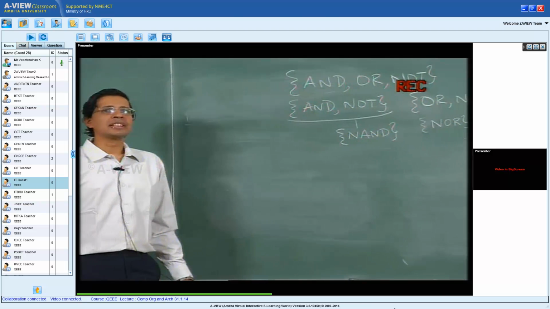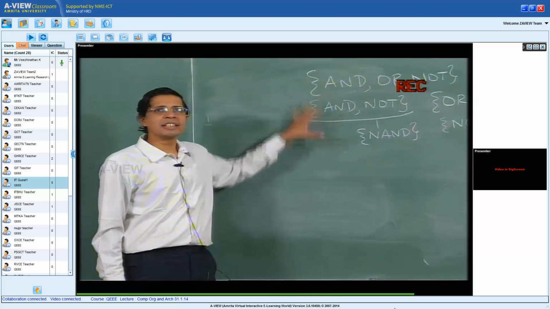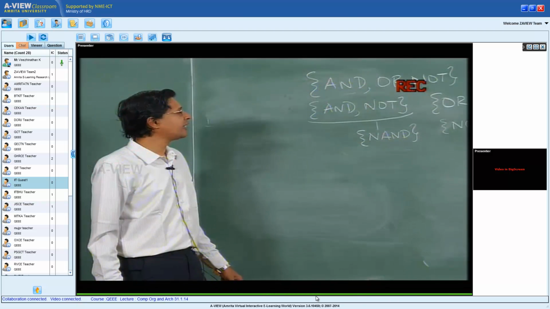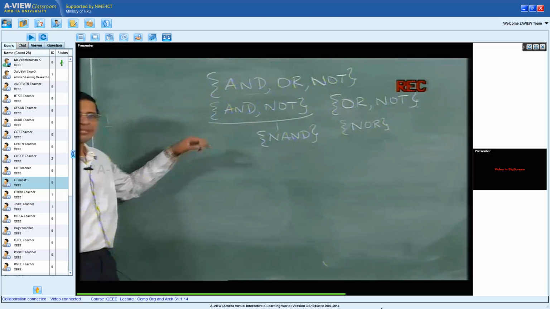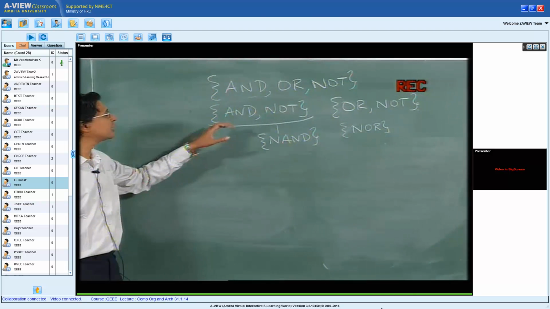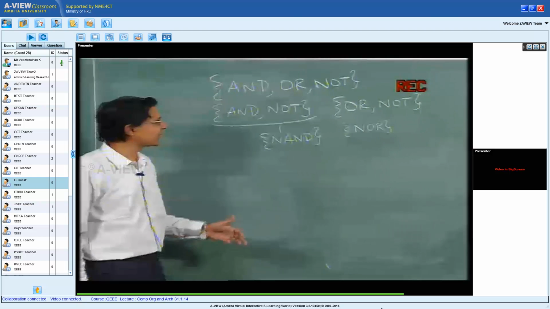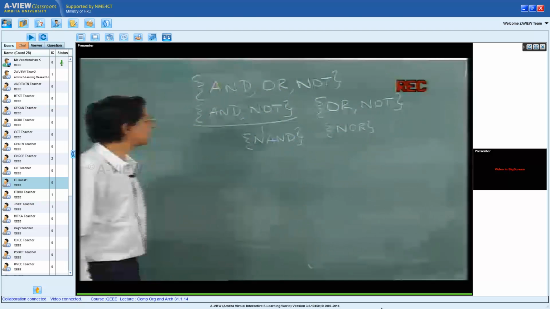And since the OR functionality, by De Morgan's law, could be realized in terms of AND and NOT, any Boolean function can also be realized using just AND and NOT gates. Similarly, any Boolean function can be represented using only OR and NOT gates.